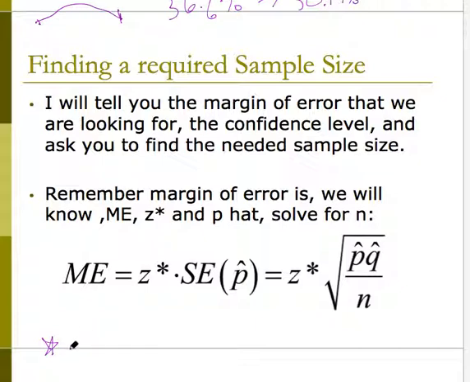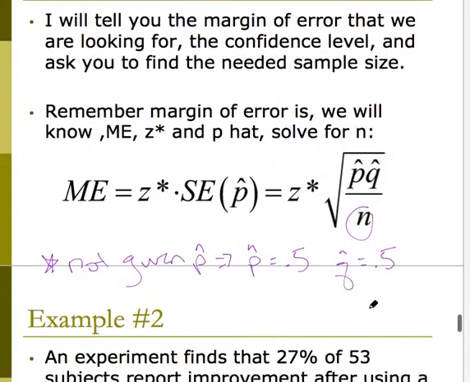If we're not given p hat, you use that p hat is 0.5 and then q hat is 0.5 to figure out what the sample size will be. Okay, so if we don't know what that's going to be, sometimes we just want to say, what is my sample size going to be? Okay, so if they don't give it to you, that's what you would do.